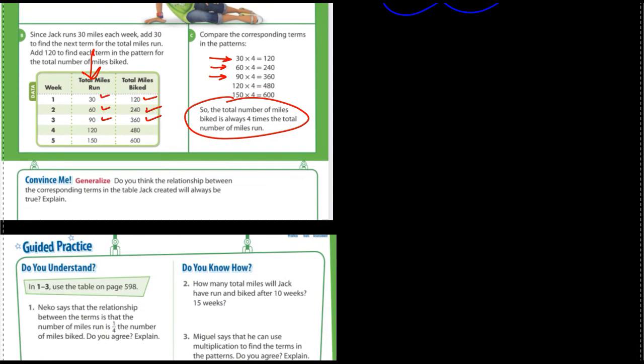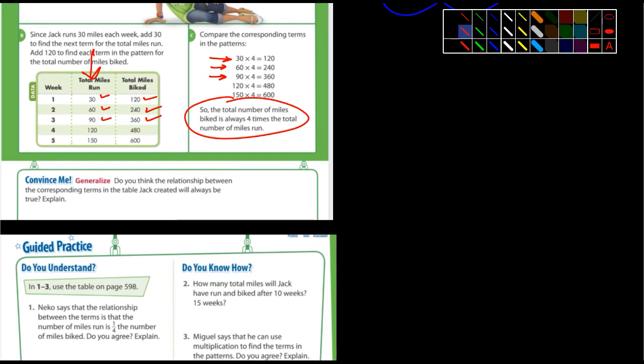That convinced me. Let's take a look at that here. Do you think the relationship between the corresponding terms in the table Jack created will always be true?